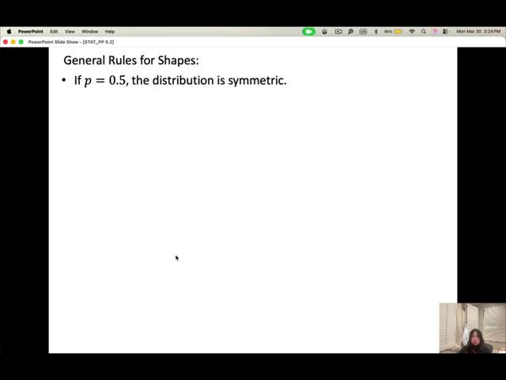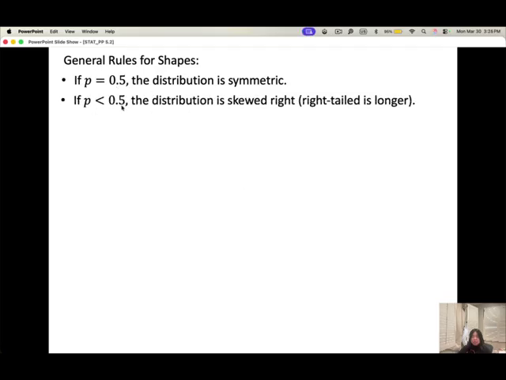General rules for shapes. If p equal to 0.5, the distribution is symmetric. If p strictly less than 0.5, the distribution is going to be skewed to the right. Just like our previous slide, when p equal to 0.2, we have a skew to the right. When p greater than 0.5, the distribution is skewed to the left.